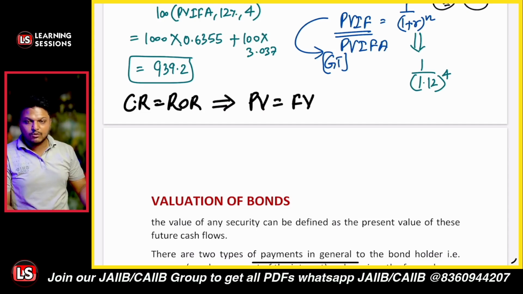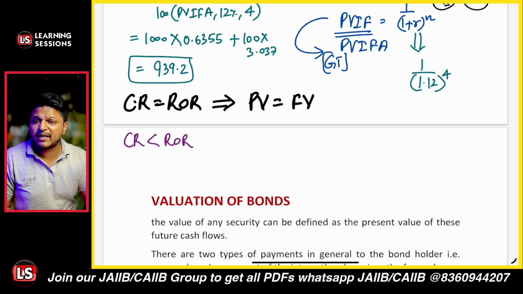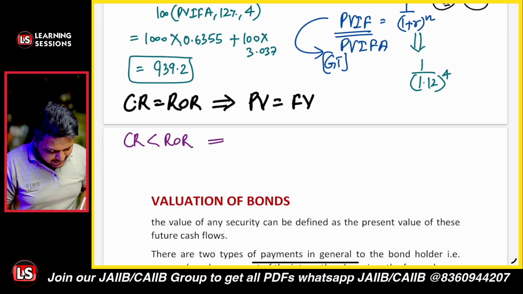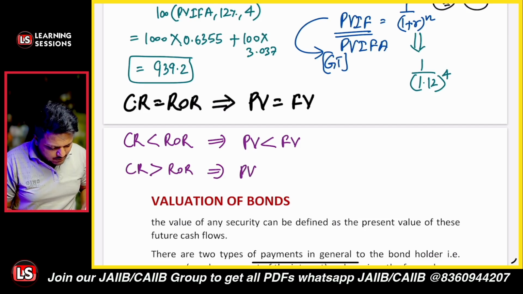And if the coupon rate is lesser than the required rate of return, that is, the market rate is higher than the coupon rate, then your present value will be lesser than the face value of the bond. And if the coupon rate is higher than the required rate of return, the present value will be greater than the face value of the bond.